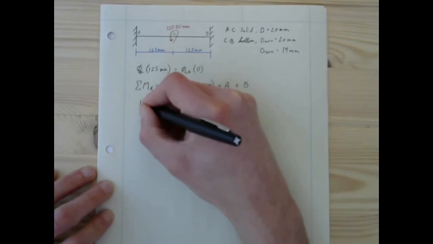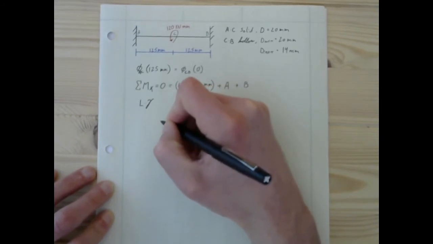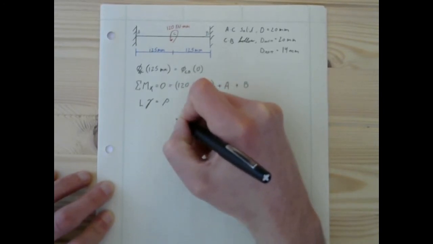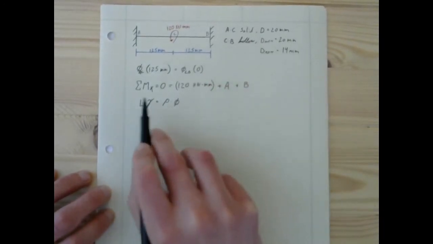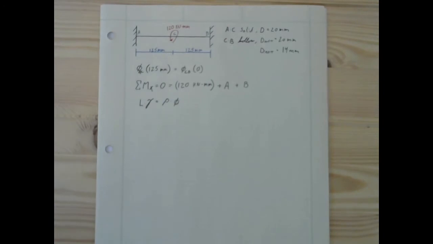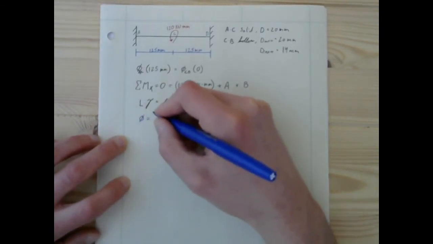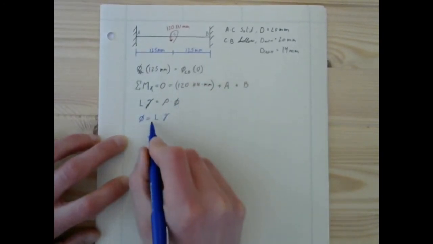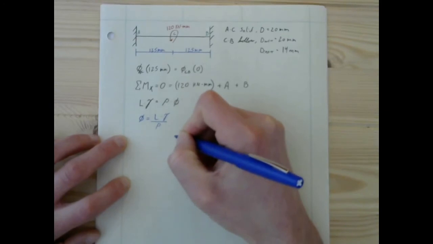We have this formula from earlier: the length times our shear strain is equal to our radius times the angle of twist, which we can rearrange so that our angle of twist is equal to the length times the shear strain divided by the radius.